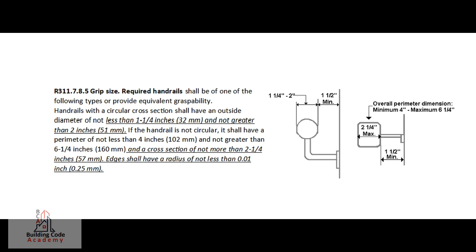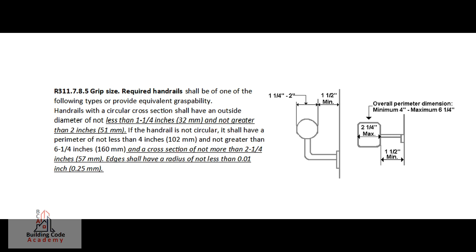R311.7.8.5 Grip size. Required handrails shall be of one of the following types or provide equivalent graspability. Handrails with a circular cross-section shall have an outside diameter of not less than 1¼ inches, 32 millimeters, and not greater than 2 inches, 51 millimeters.